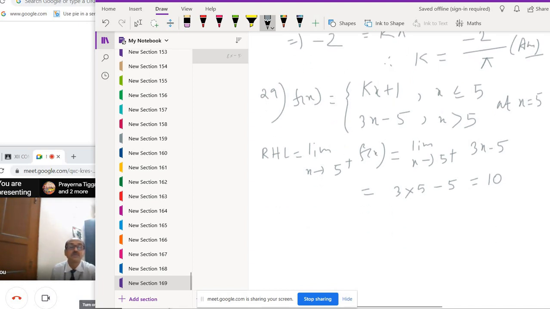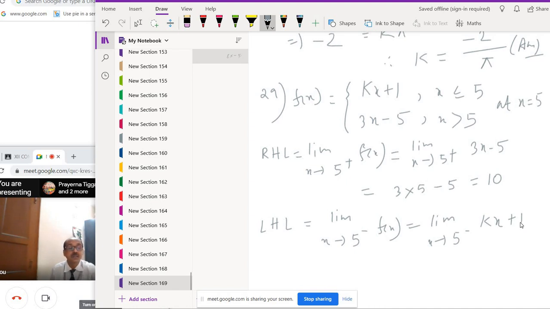Now the left hand limit: limit x tends to 5 minus f(x), equal to limit x tends to 5 minus, which is less than 5, and the function there is kx plus 1.